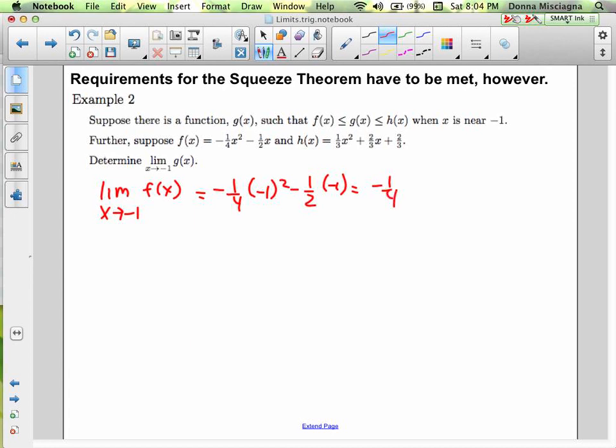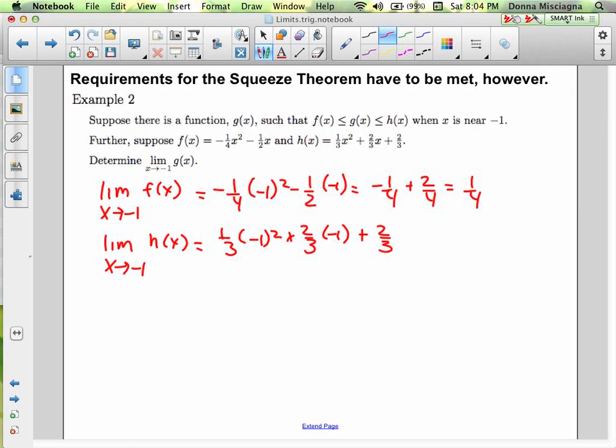That's going to be a positive 1/2, so positive 2/4, which is equal to 1/4. And the limit of h of x as x approaches -1 is equal to 1/3 times -1 squared plus 2/3 times -1 plus 2/3.